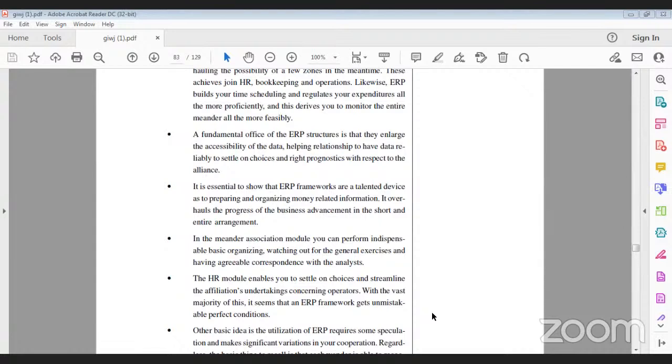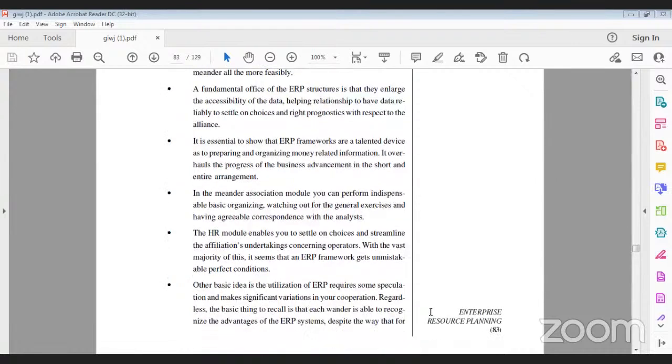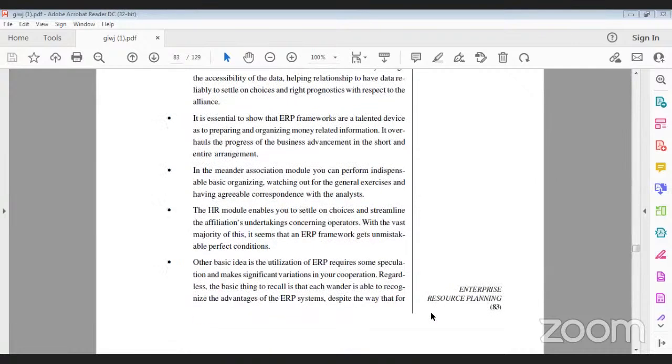The next point is HR. The HR module helps you settle on choices and streamline the affiliation's understanding concerning operators. With the vast majority of this, it seems an ERP framework gets unmistakable preference conditions.